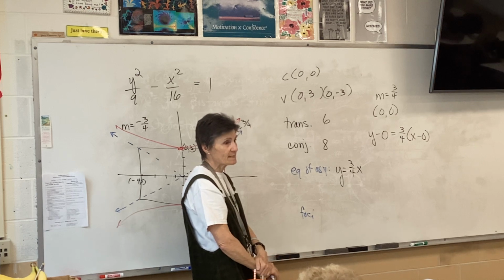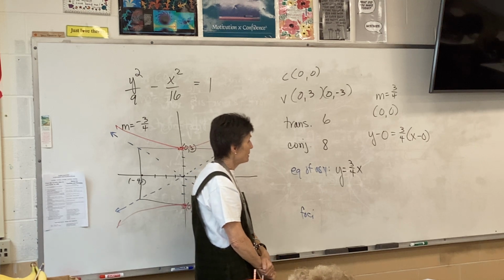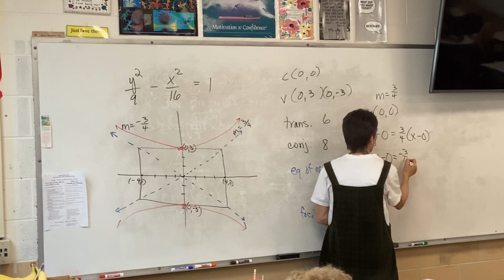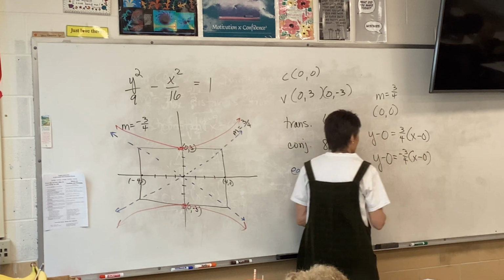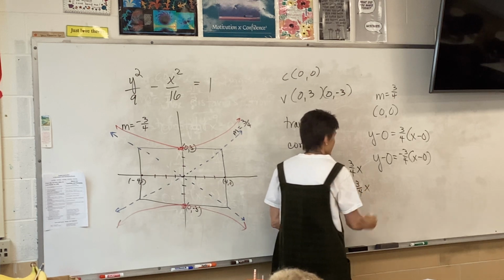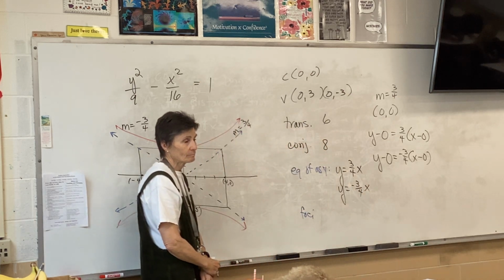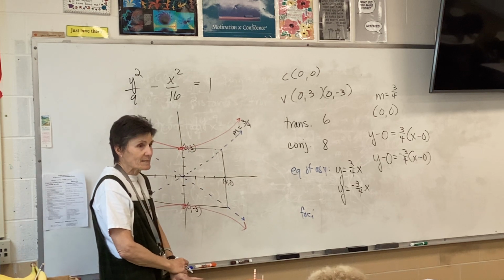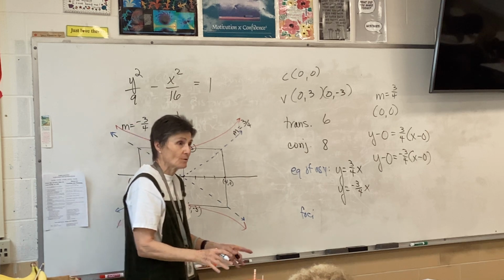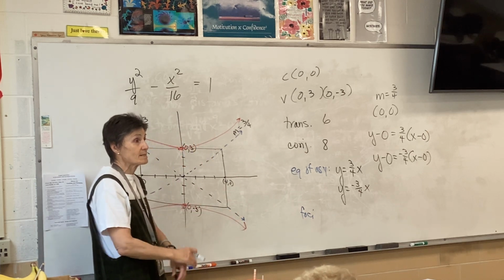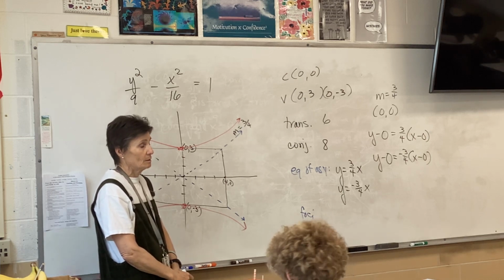Because they're zeros, it's easier. And then we do the same thing with the other slope, which is negative 3/4. Isn't that just y equals negative 3/4 x? Now, obviously, when the center is the origin, things are easier than when they're not, but right now, let's enjoy the easiness of having all these zeros.